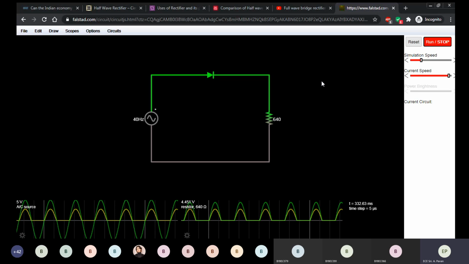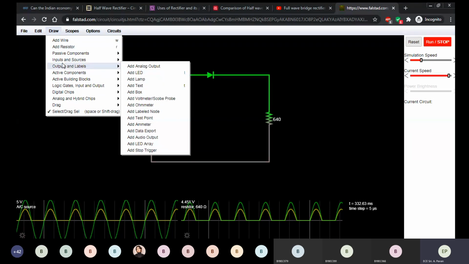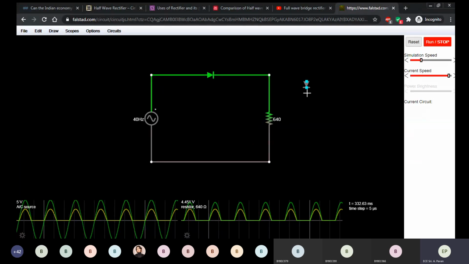If you see very clearly, more than this, you can simply add a LED to the circuit.